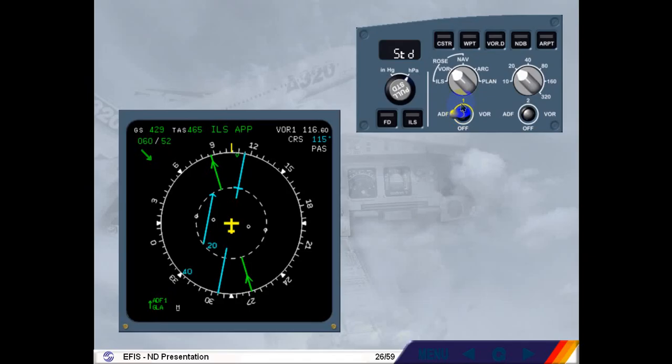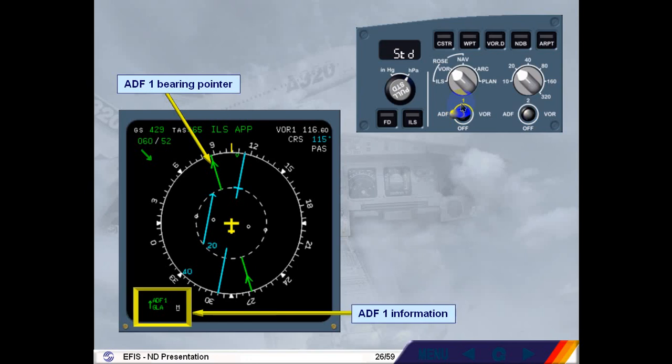The white VOR bearing pointer has been replaced by a green ADF bearing pointer. The VOR information on the bottom left of the display has been replaced by ADF1 information. Notice that the selection of the pointer has not removed the deviation information for VOR1.